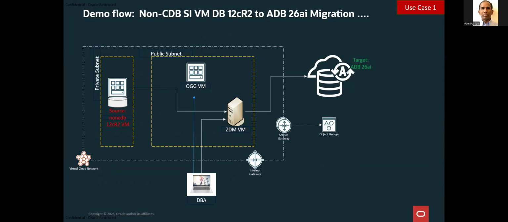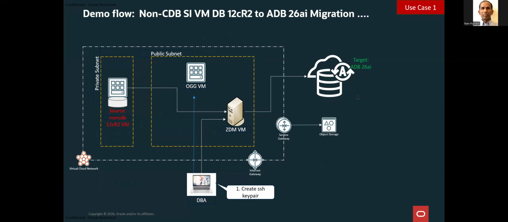It's essentially a release update, as we call it. You remember we used to have 23.6, 7, 8, 9, and so on. So now this is essentially that release, and now we call it 26 AI. And you have the object storage.